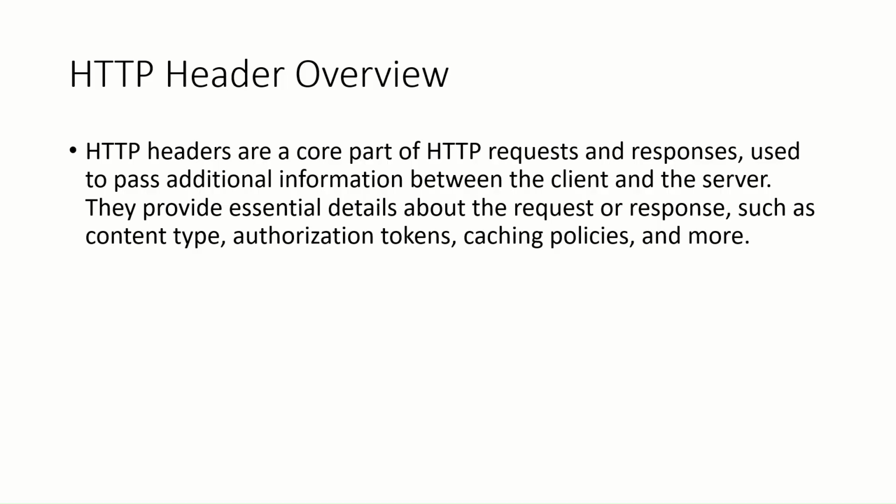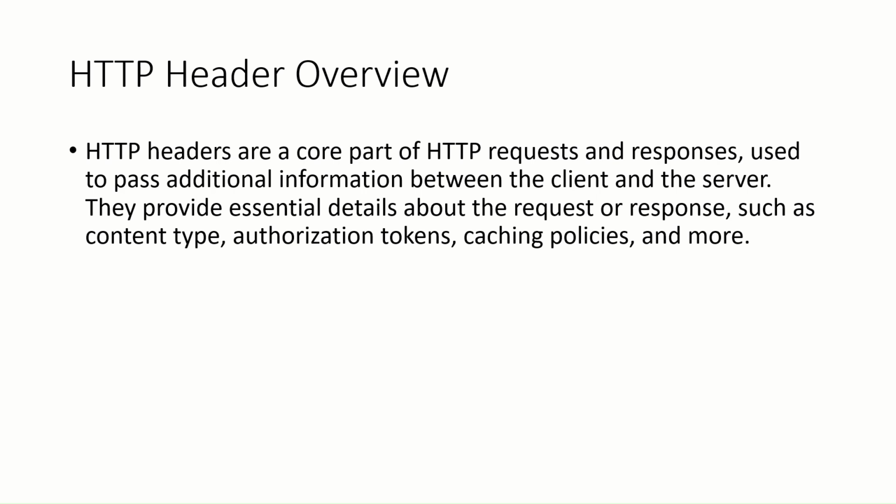So HTTP headers are the core part of HTTP requests and responses. Let's say you're developing a REST API. You have some request and response for that API, and HTTP headers are the core part of that request and response. They are used to pass additional information between the client and the server.